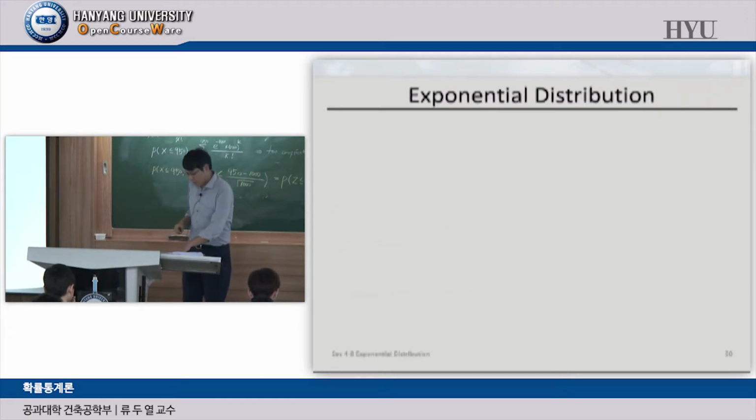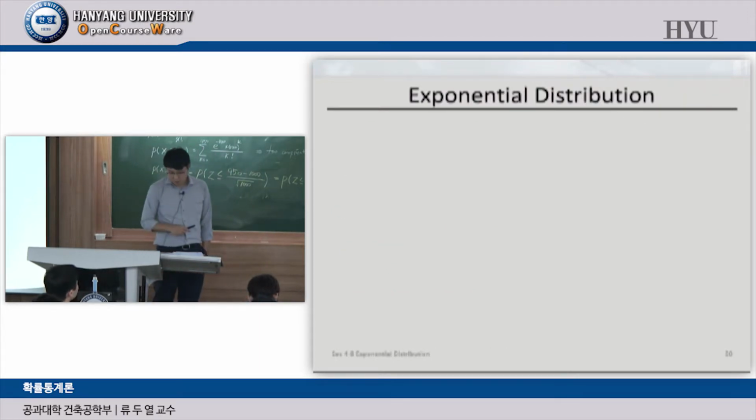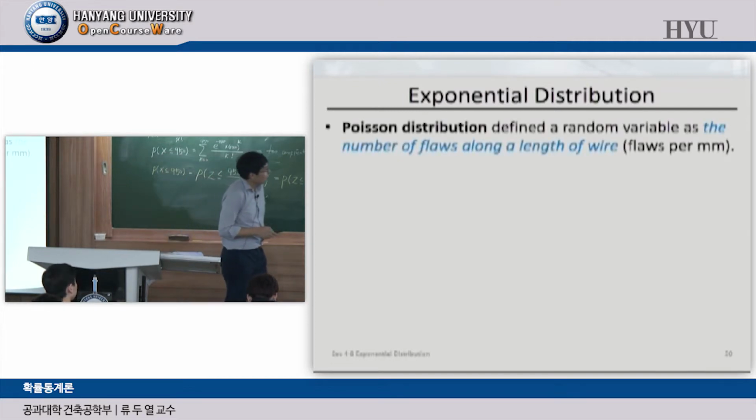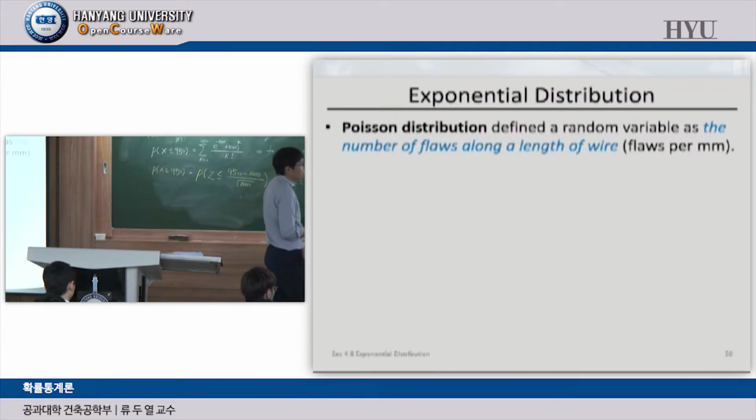So, I'm going to explain the exponential distribution. And to explain the exponential distribution, we first have to know about the Poisson distribution. The Poisson distribution defined a random variable as the number of flaws along the wire. Okay? So this can be expressed by the flaws per unit millimeter.